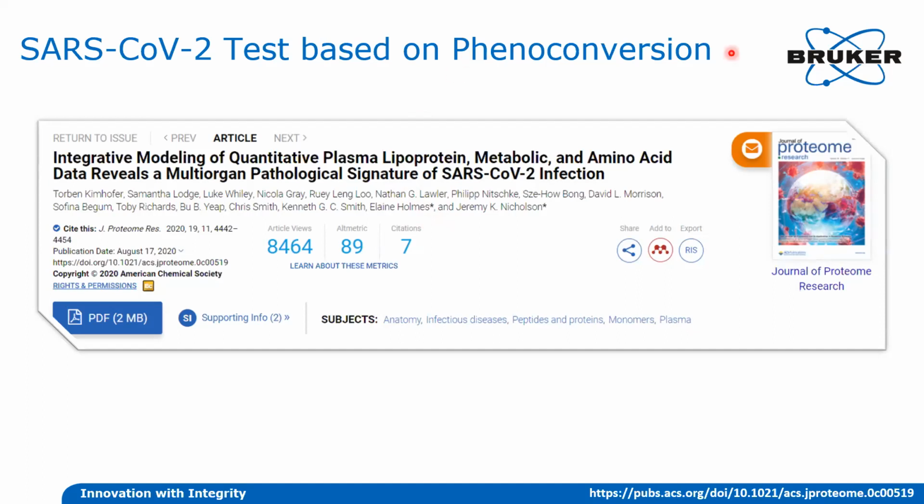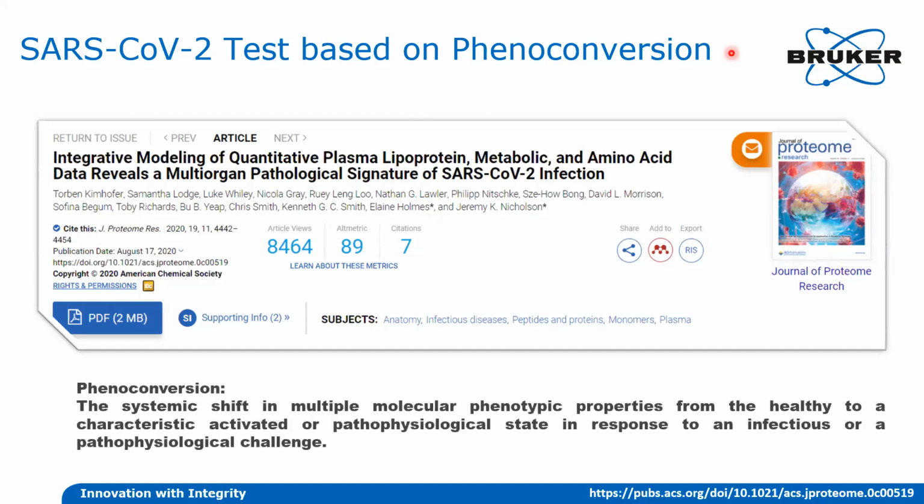This is the definition. Phenoconversion is defined as the systemic shift in multiple molecular phenotypic properties from the healthy to a characteristic activated or pathophysiological state in response to an infectious or pathophysiological challenge.